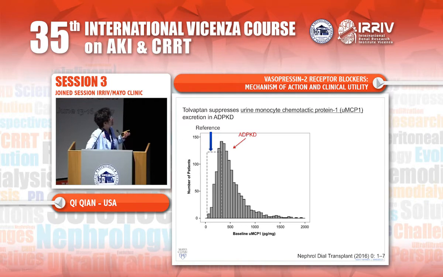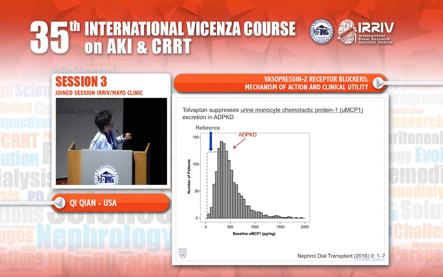And this is another interesting observation in patients with ADPKD. Apparently, urine monocyte chemotactic protein-1 is parallel to the CKD progression, and it's almost a marker for worsening CKD. In the non-ADPKD control group, there's a very low urinary MCP-1, but in patients with ADPKD, overall, they have a very high level of chemotactic factor.